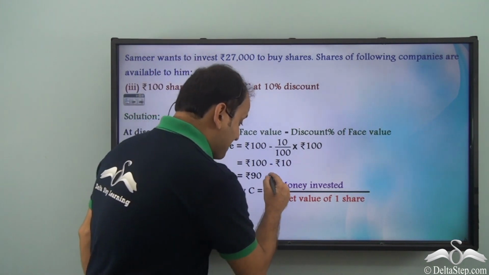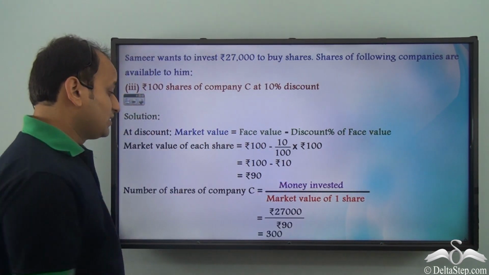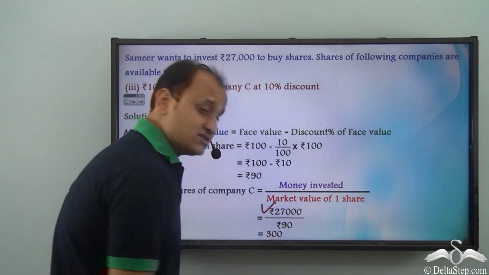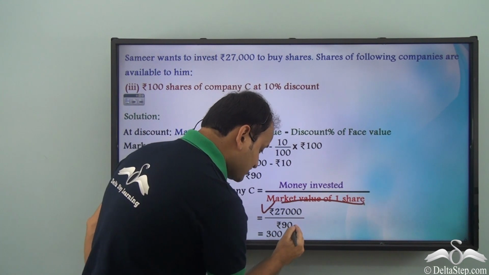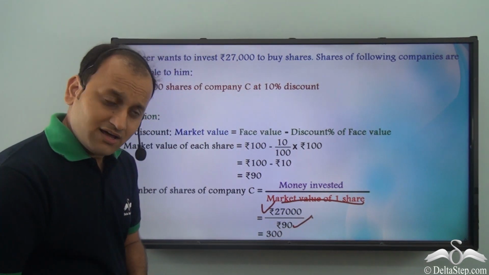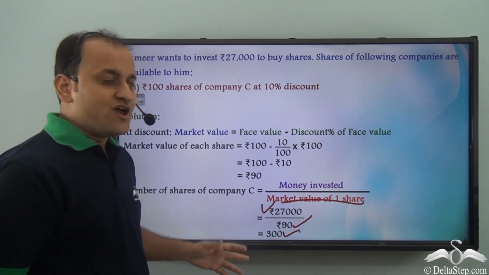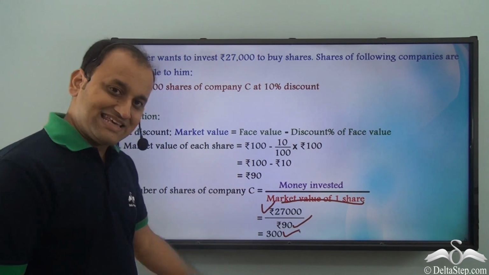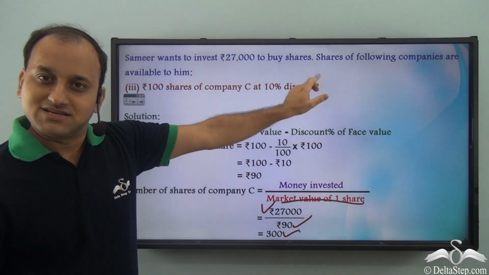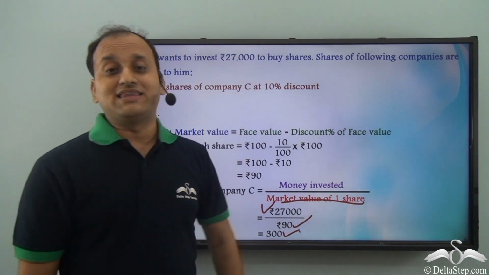It will be money invested by market value of one share. So it will be 27,000 by 90. So what do we get? 300 shares. So we can purchase 300 shares of company C at 10% discount for rupees 27,000.